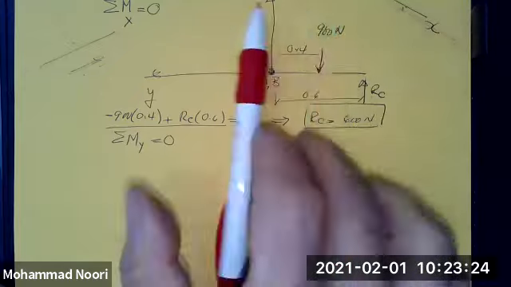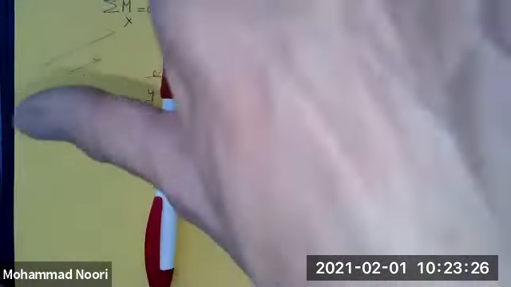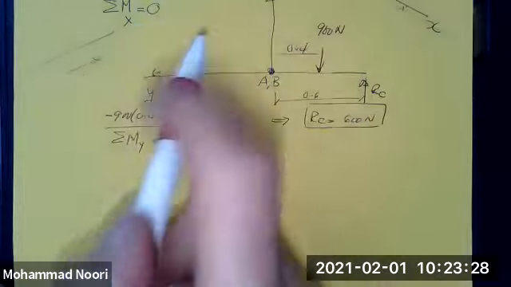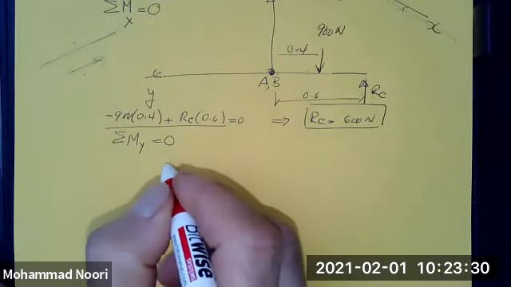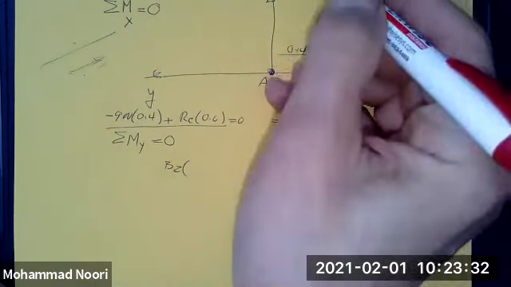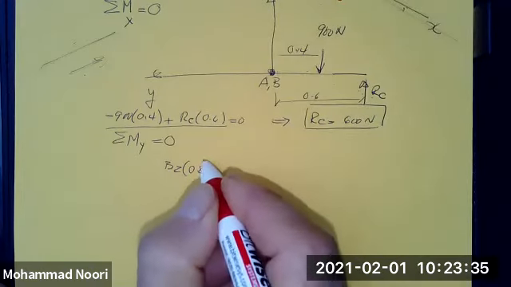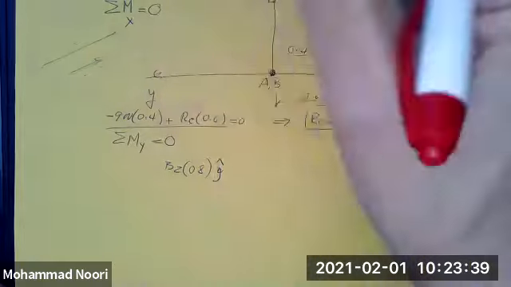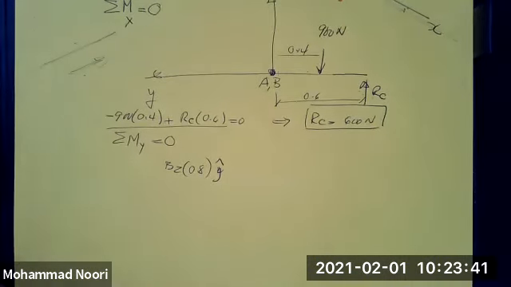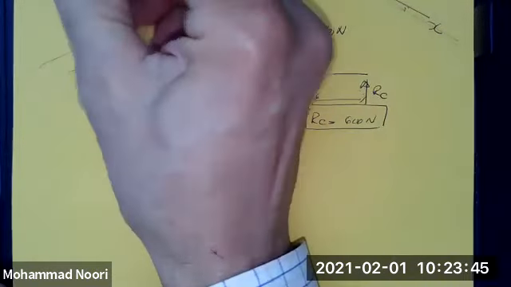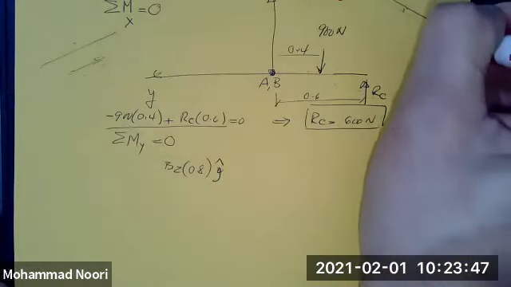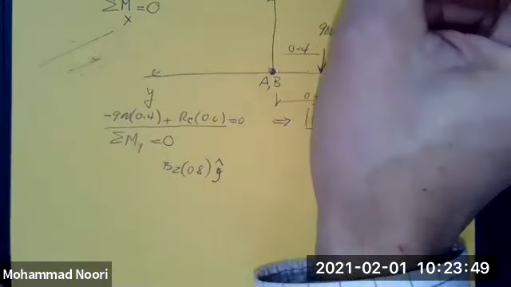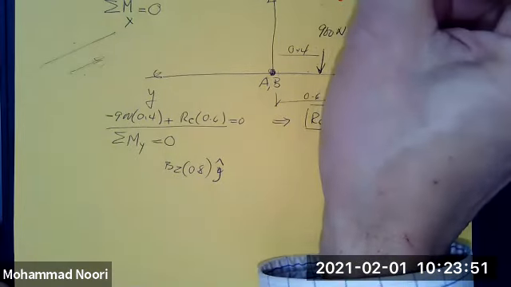So you can see that BZ generates a moment about the y-axis that would be simply BZ times its distance 0.8. Oh, I'm sorry, I made a mistake. This is X, this is Y, this is Z. So I had this correct. So this is BX, this is BZ.